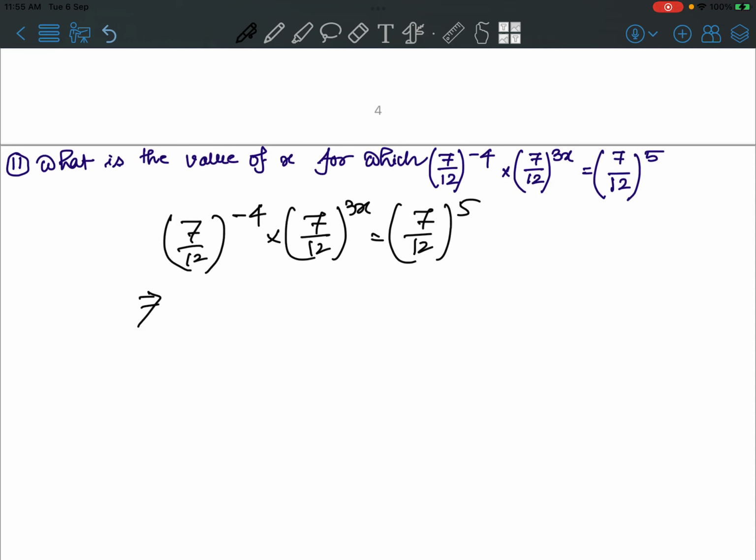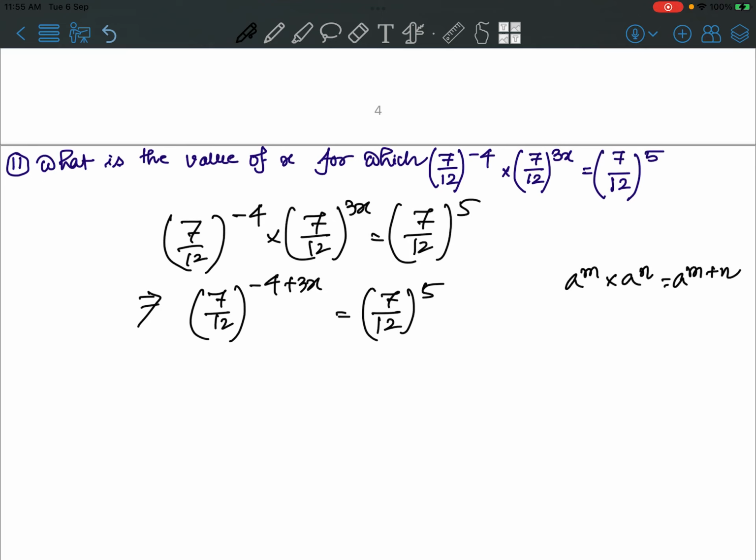So what we are seeing is that the bases are equal on both sides of the equals. That means the formula a to the power m into a to the power n will be applied, that means a to the power m plus n. I mean, left side of the equals, we can write it as (7/12) to the power minus 4 plus 3x, and right hand side (7/12) to the power 5.